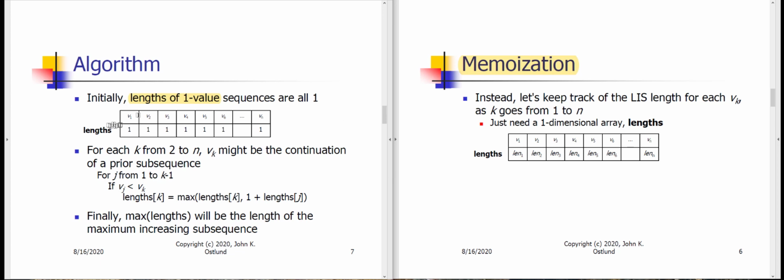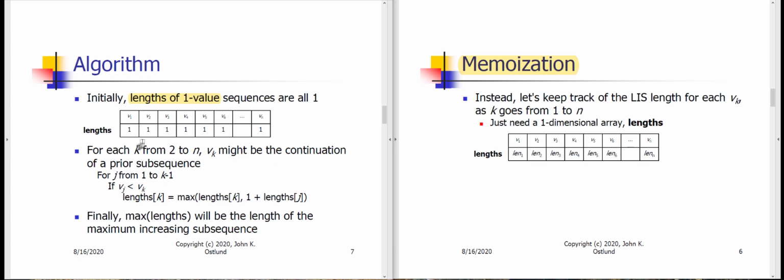So if all of these values are 12, then this first one, just consisting of this first 12, is 1 long, and this second one, consisting of the second 12, is 1 long, and so on. So we're going to fill that in as our initial condition, or as our initial setup.